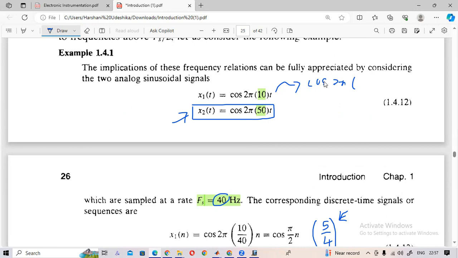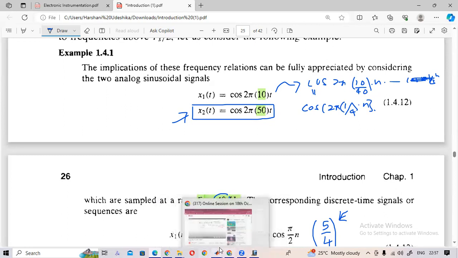Instead of t, you can put n over fs. So fs is 40, so you will have 10 by 40 n. So this is the signal, cos 2π times 1 over 4 n. This is the normalized frequency.